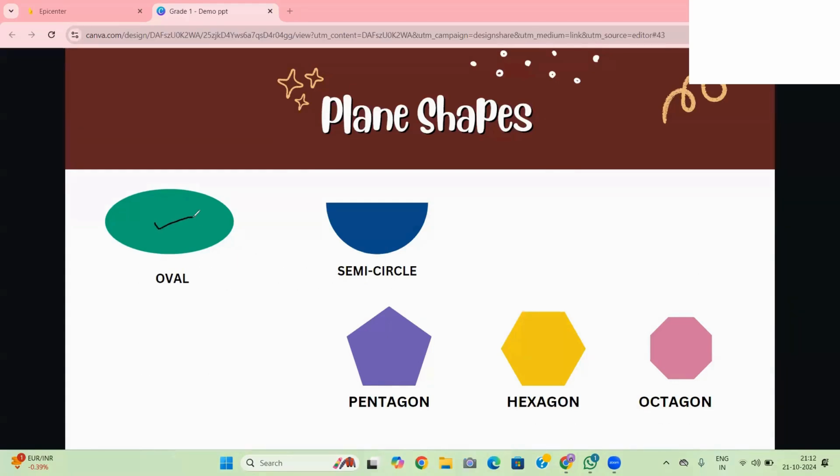What is this? Do you know about it? Oval. Yeah, you know it. Can you give me an example? What thing looks like an oval? It only has a curve like a circle with no lines. Yeah, good job. But have you seen something like an oval? Yeah, what is that?